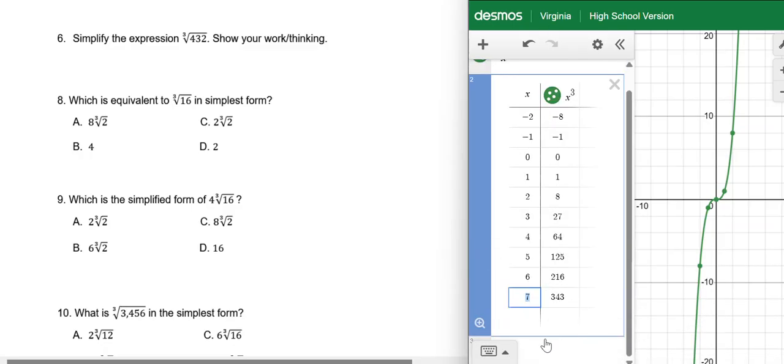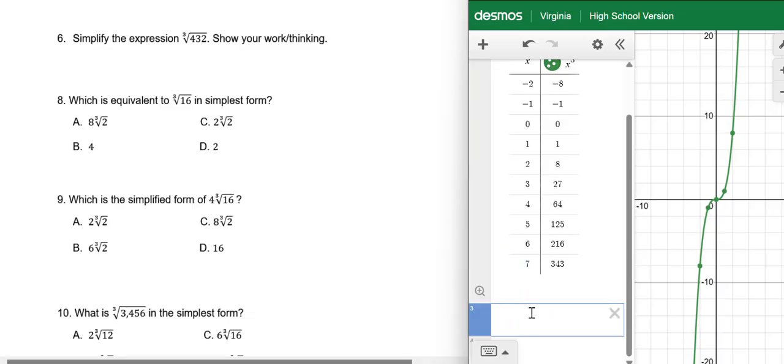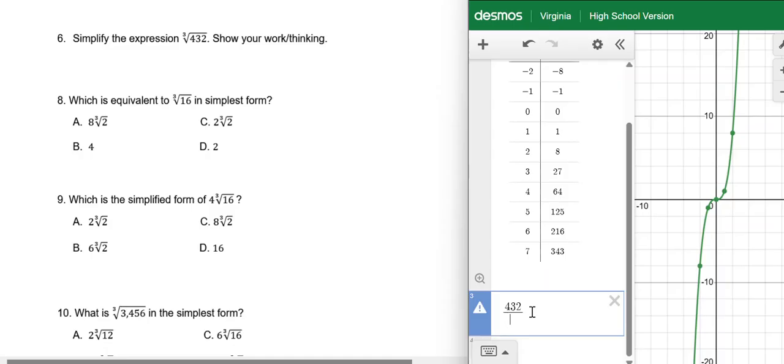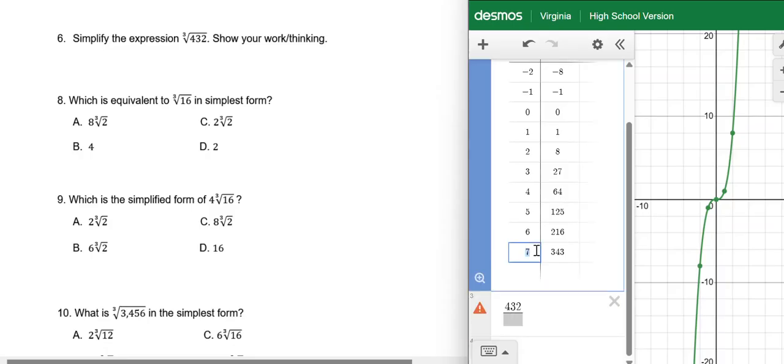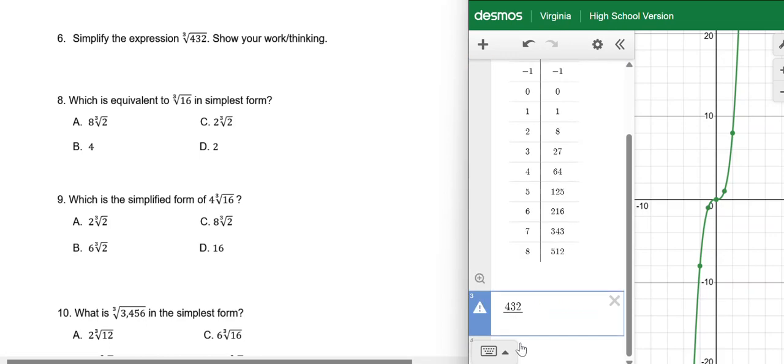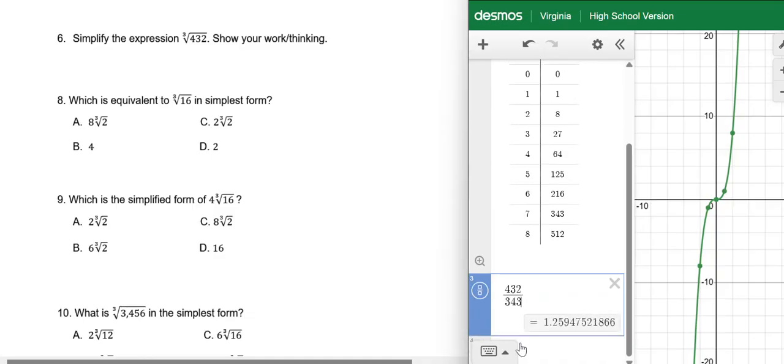So what I'm trying to do is take 432 and divide out some perfect cubes. Let me see what 8 cubed is. 512 is too big. I'm going to have to start with 343, which I think is still too big. 343, that doesn't go. 216, 2, that works.